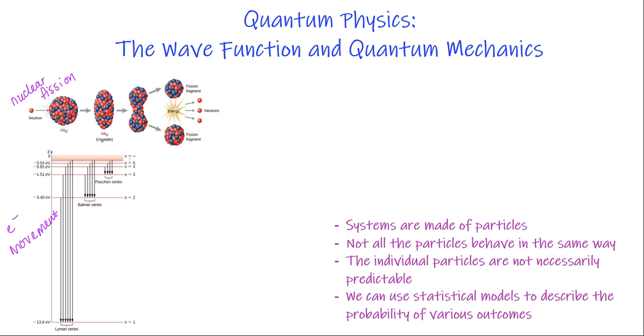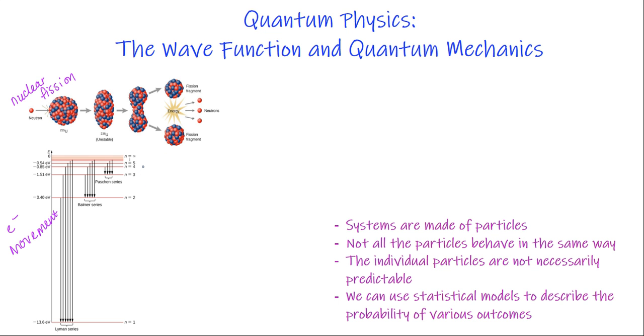Why I have both of these up here is because we know the resulting mechanisms that occur in each case. However, we are unable to predict which particular atoms will undergo nuclear fission, and we're also unable to predict when and if a particular atom will undergo nuclear fission.